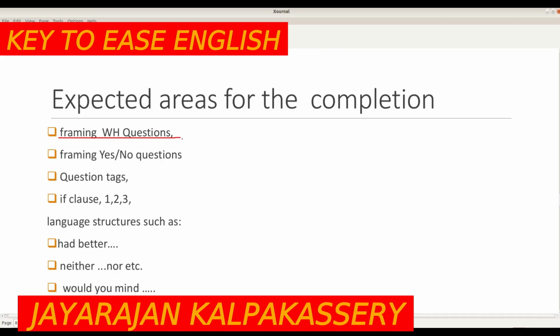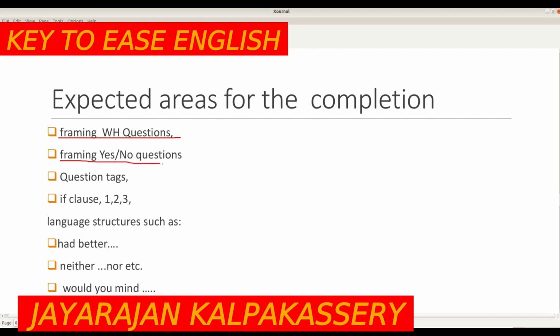How can we identify that one? Check whether there is a question mark and check the exchange. If the answer is a position, a place, then we have to use where. If it is a person, then who. If it is a time, then when, like that. WH questions must be there.